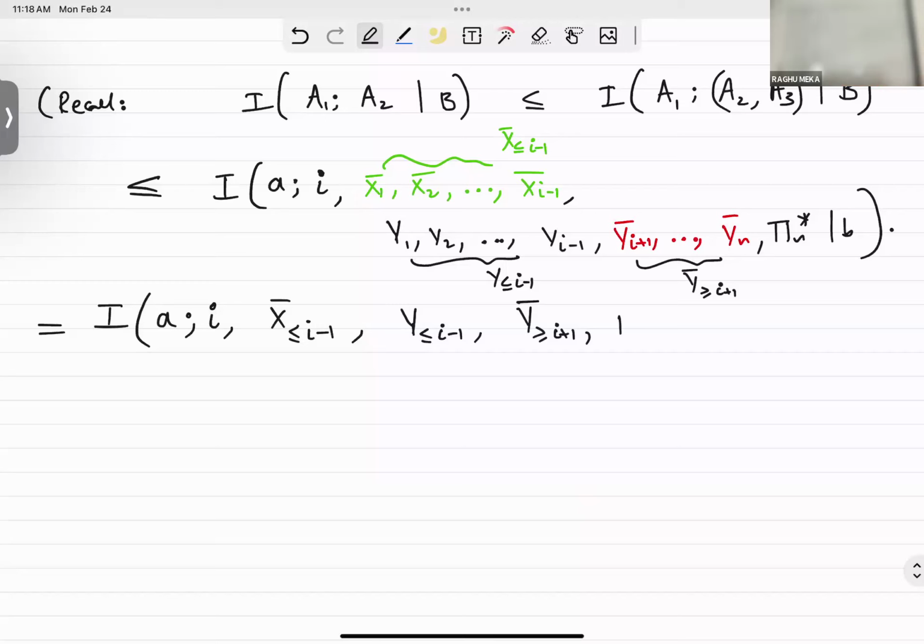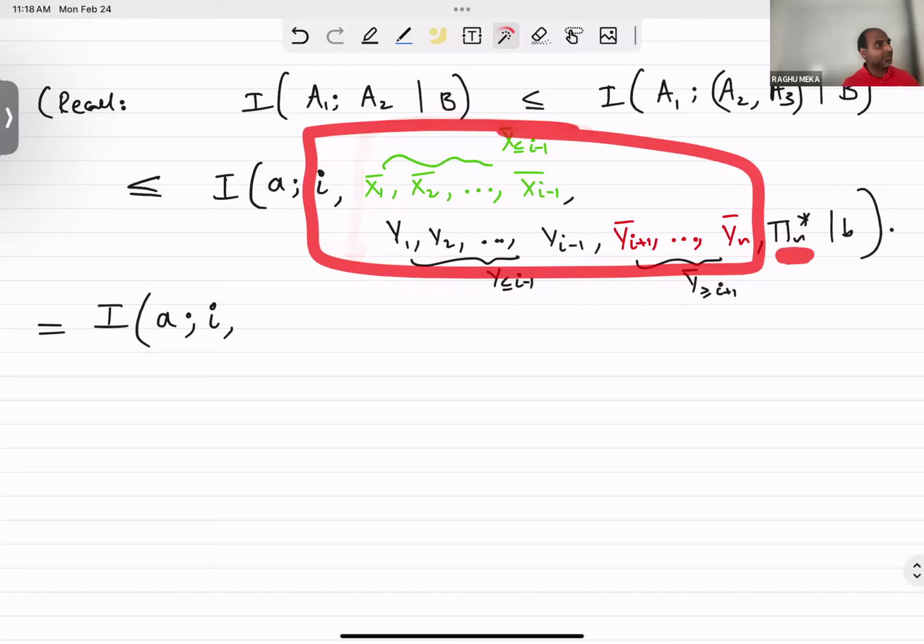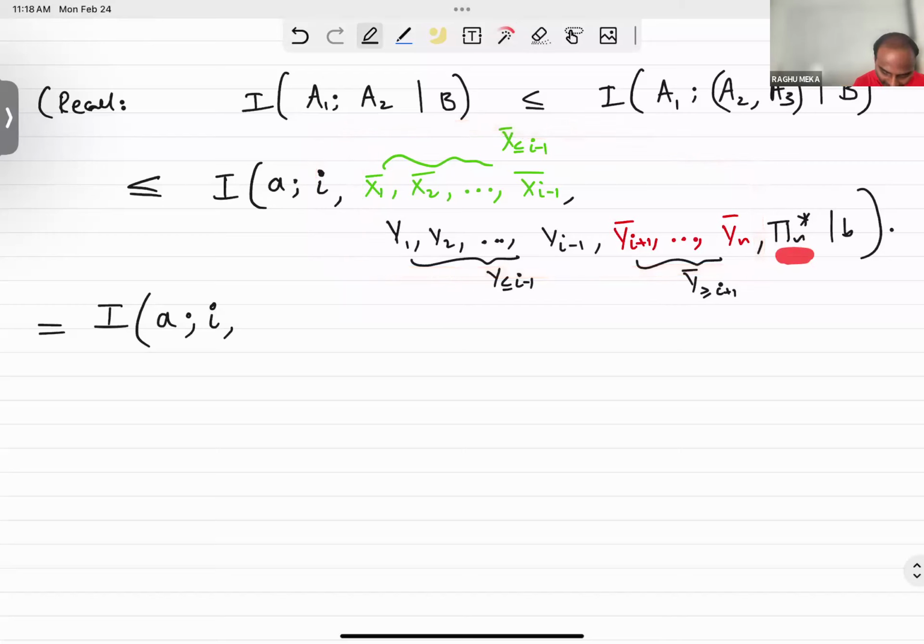I'm going to use chain rule to break this up into 2 parts. So I have these random variables here, and then I have the protocol, the pi n star that I'm running. I'm going to separate these 2 terms out.